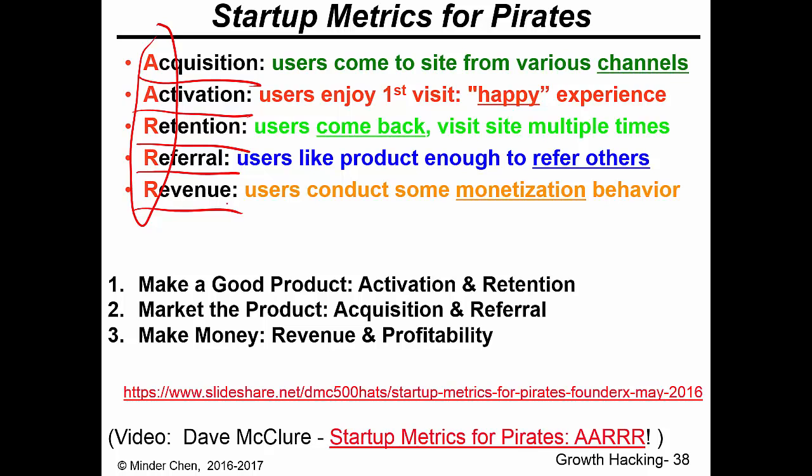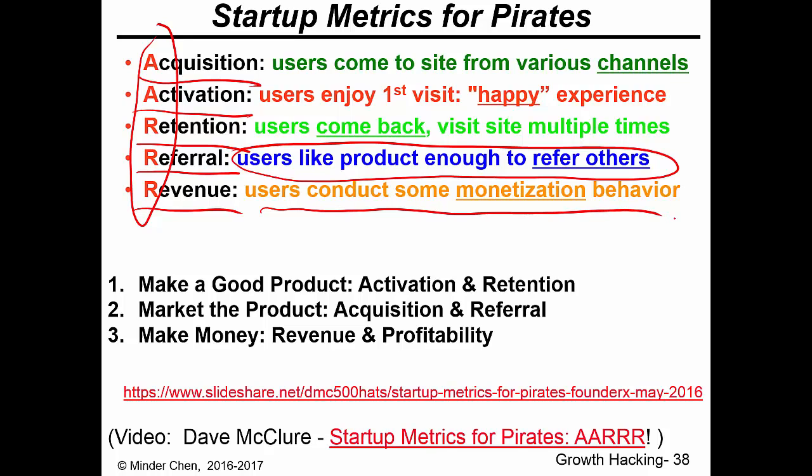Referral, which is the advocacy earlier, is when users like your product so much they recommend it to others. Revenue: the customer becomes a buying and paying customer. So they are the users who conduct monetization behaviors, paying a subscription fee, buying your products and services.